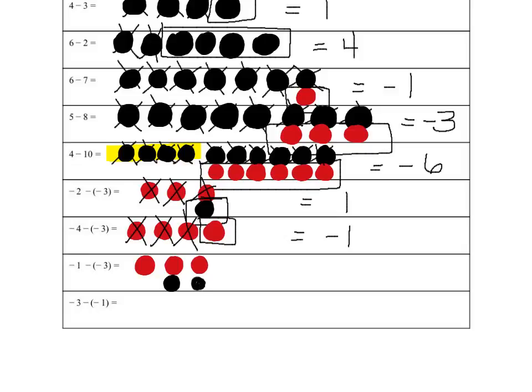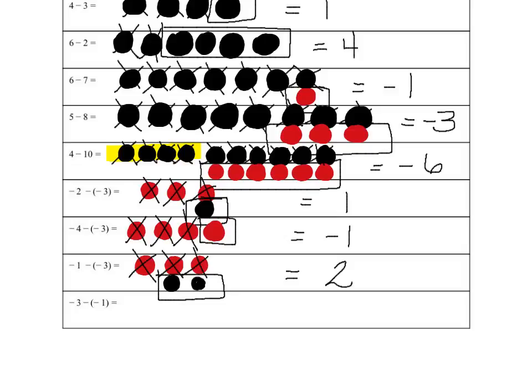So now that I see that I have 3 negative chips on the board, because that's how many I need to take away, I can start to do my subtraction. Since I need to take away 3, 1, 2, 3, the board shows me that I have 2 black chips left, and because black is positive, I have a positive 2.